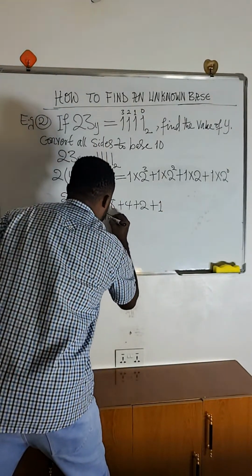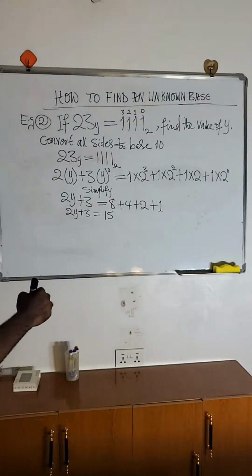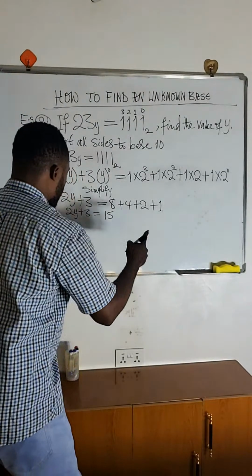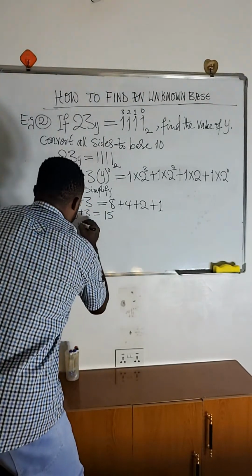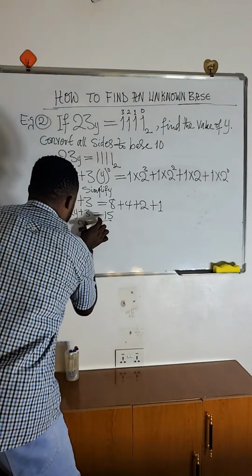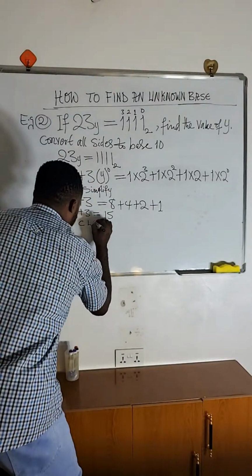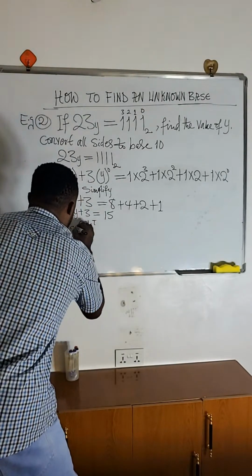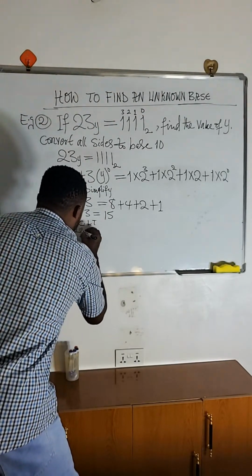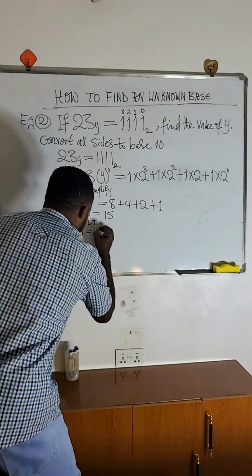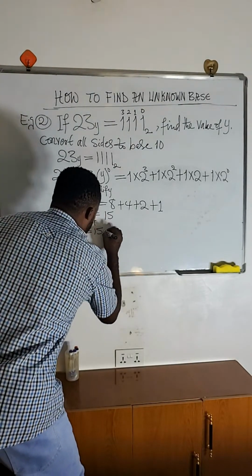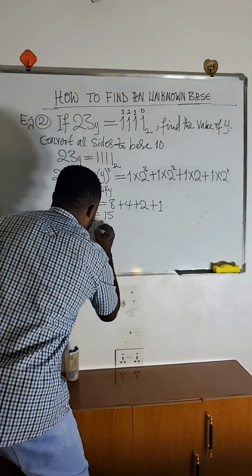So this is 15. Alright? So we are going to collect like terms now. Let me just write the statement. Collect like terms. So 2y equals 15 minus 3.